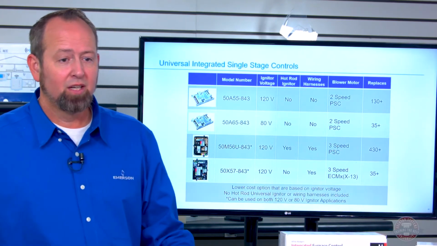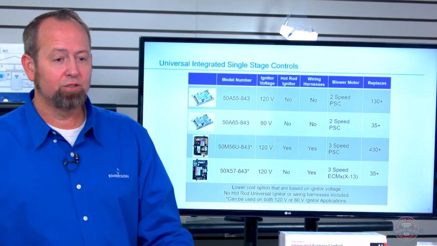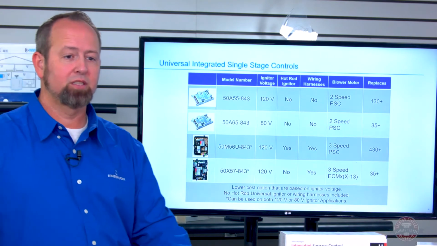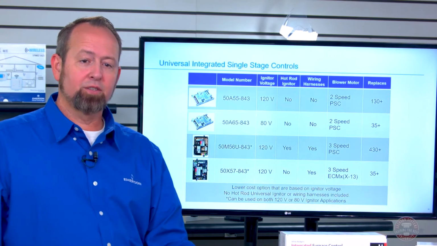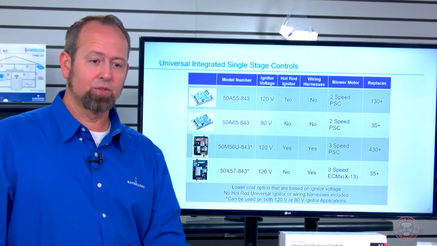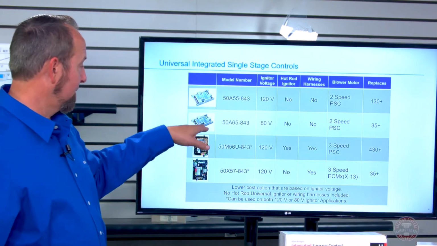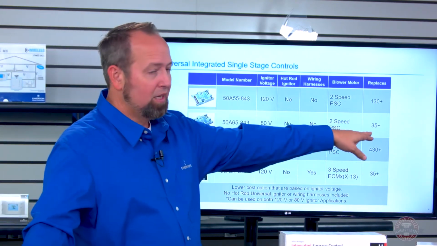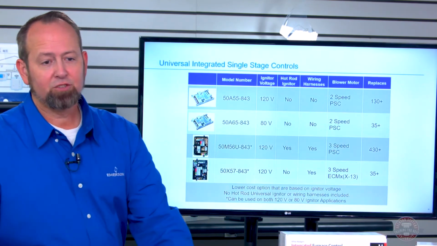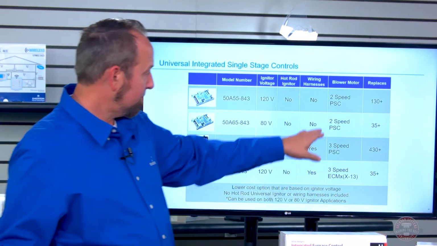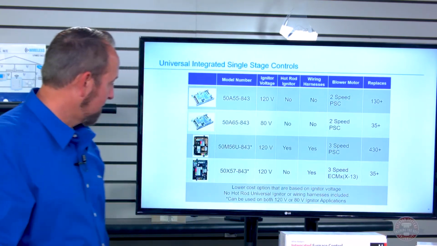And the difference between those, you'll see in this second column here. One's for the 120 volt ignition system. The other is the earlier 80 volt systems. The 80 volt wasn't made as long. They have 35 plus cross references versus the 120 volt, which is the 130 cross references.